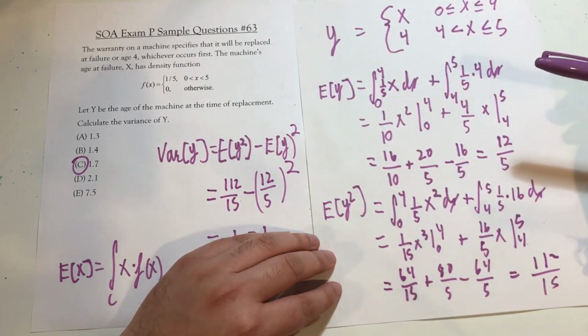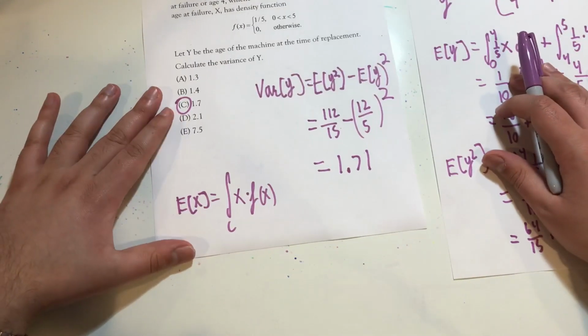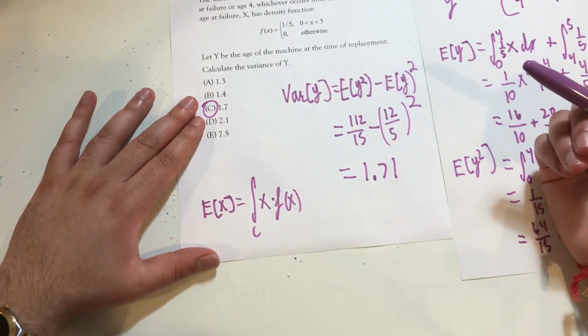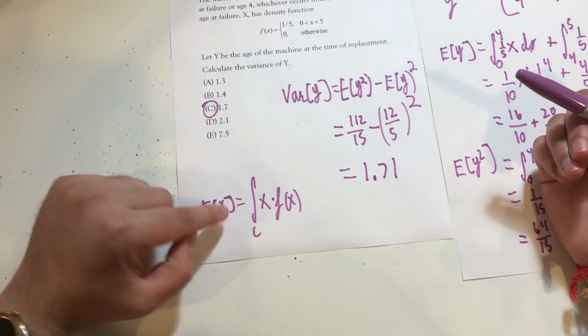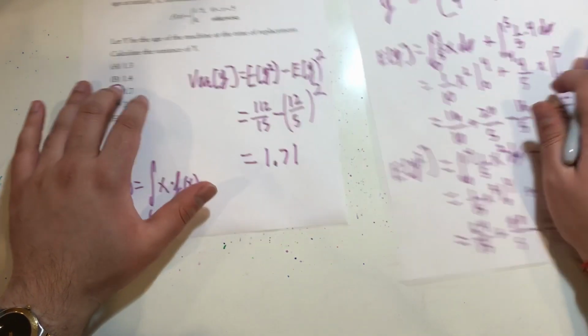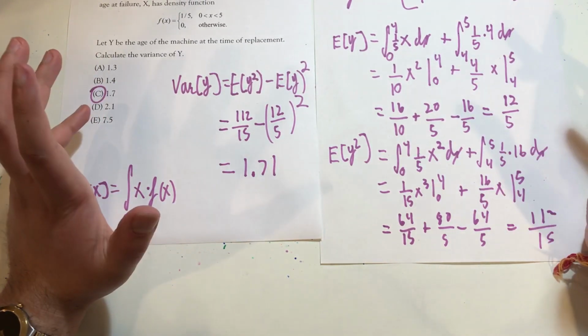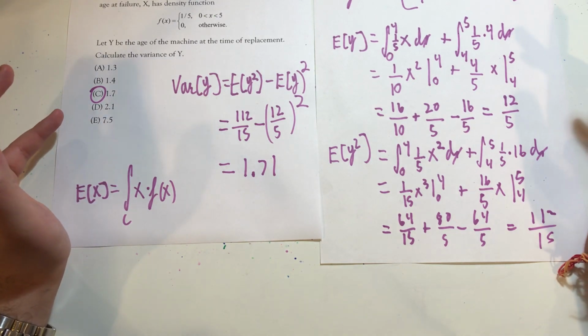In order to get expected values with a continuous distribution, you must integrate this value multiplied by the actual PDF. That's pretty much it. That'll get you the variance.